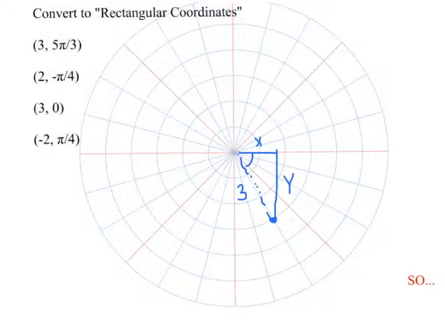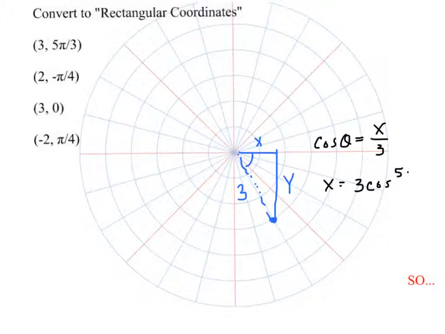Now, thinking about some trig here, if I want to know what x is, that's the adjacent side, and I know the hypotenuse. I'm talking about cosine. So the cosine of my angle, I'll write θ for now, must be equal to adjacent over hypotenuse. That means x is equal to 3 multiplied by the cosine of the angle.